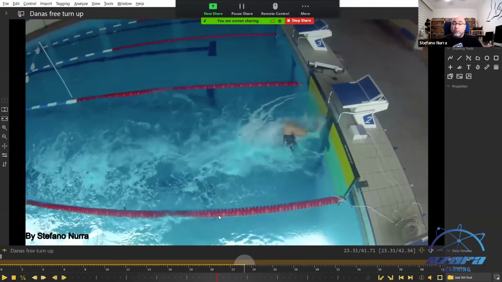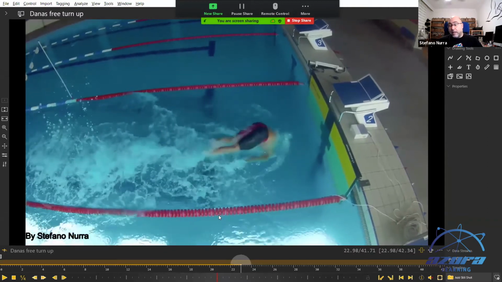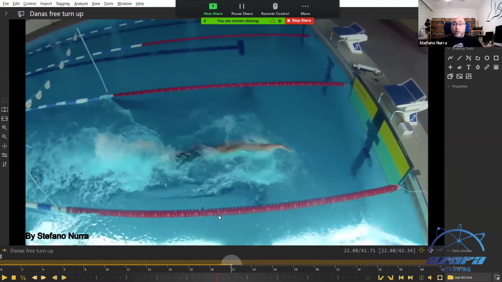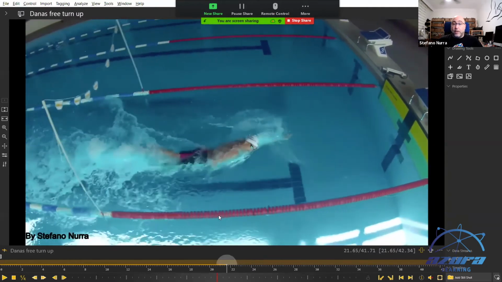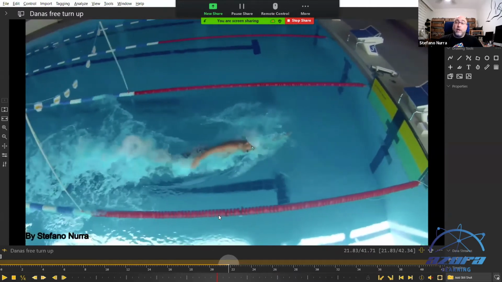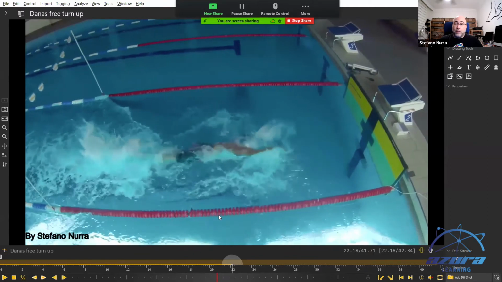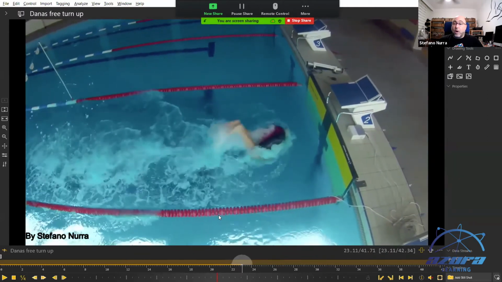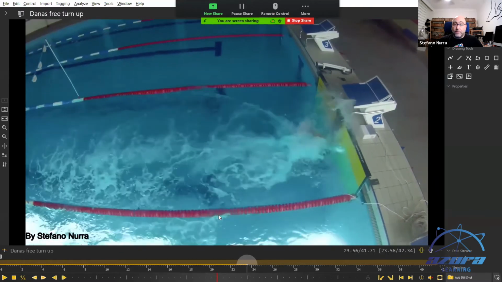No, this is absolutely a mistake. This is a really common mistake. I want to repeat, because for me this is one of the most important points: we need to use the swimming speed to rotate. The connection is absolutely important.